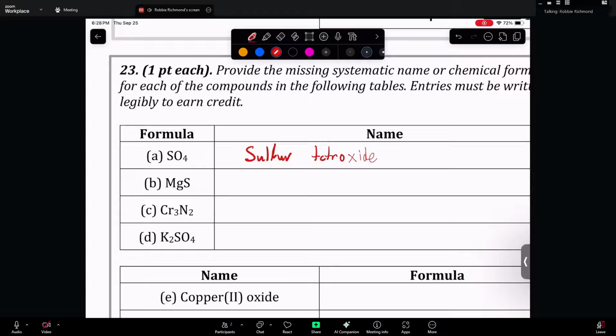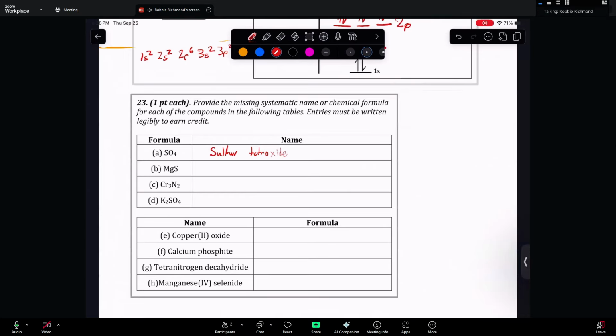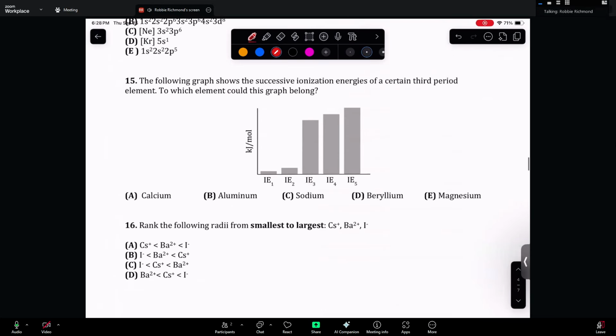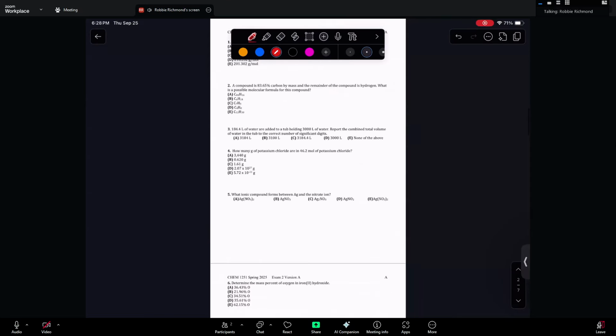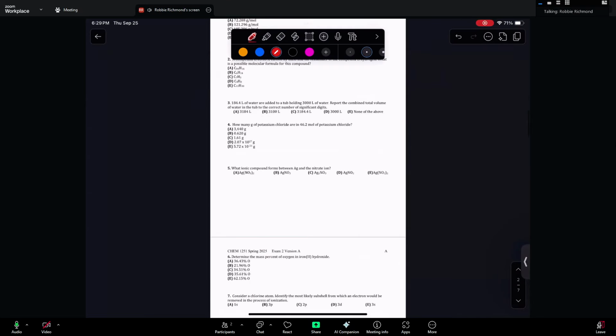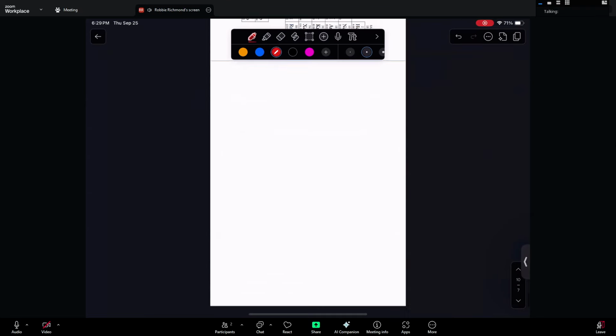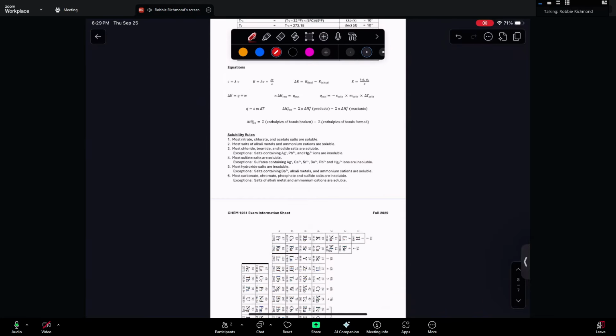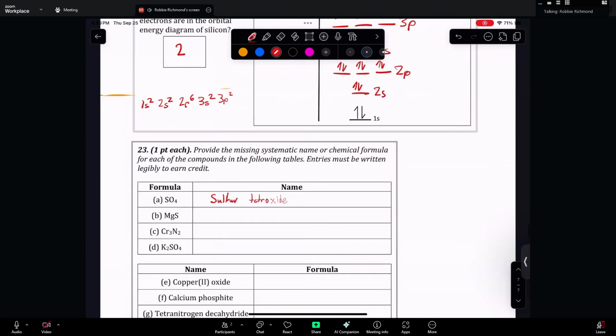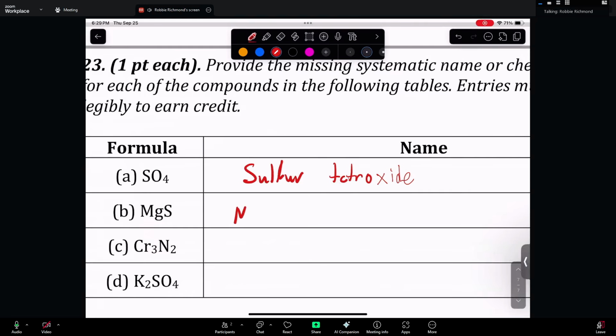So what do we do? We put those in parentheses and write a Roman numeral denoting that's a positive charge of how much. But for magnesium, that's a group 2 element and something that we wrote down in our periodic table. That has a +2 charge. So it's always going to be +2. We don't have to write down that Roman numeral. So it would just be magnesium sulfide.